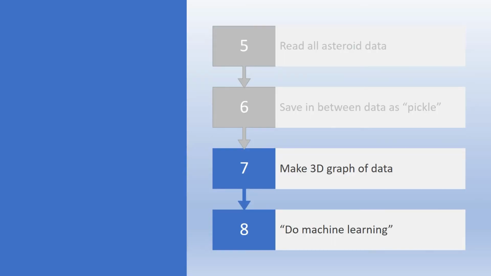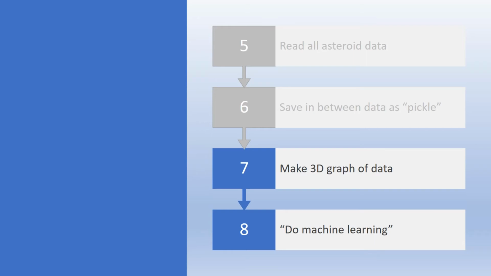We're going to make a 3D graph of our data, because after all we have 3 columns, 3 attributes that we can use in a graph. But to be sure, I'm not going to do this on all the asteroid data, because reading all that asteroid data from the complete extended file gives, well, memory errors.